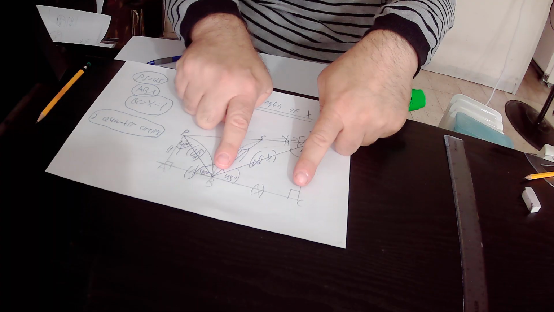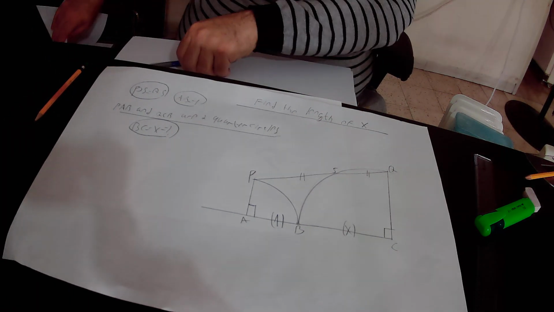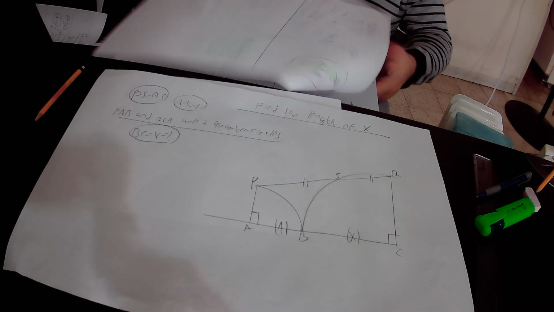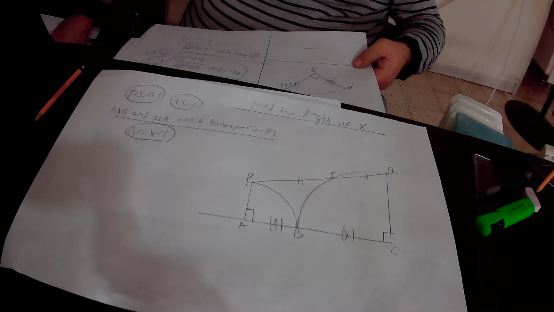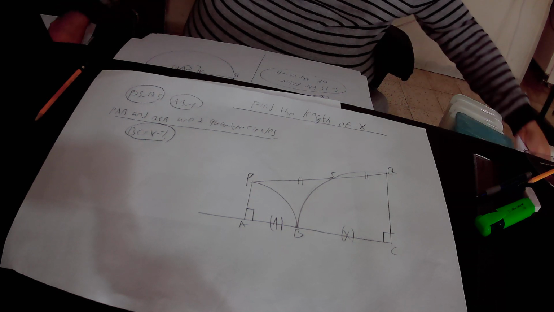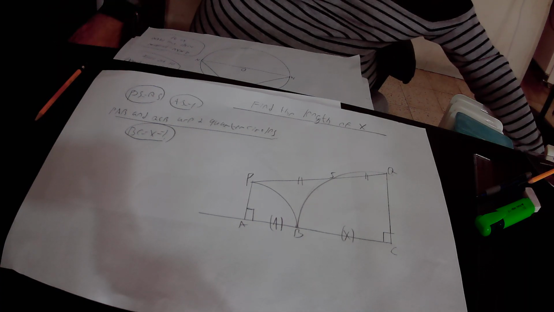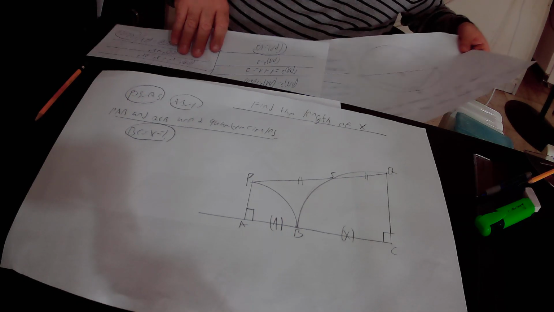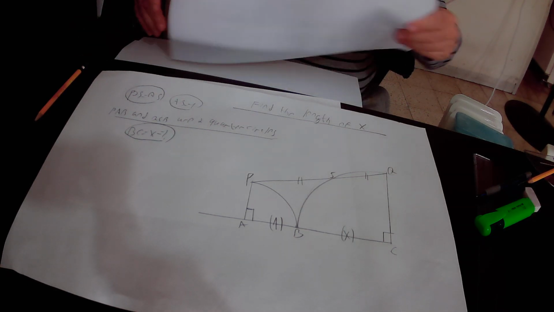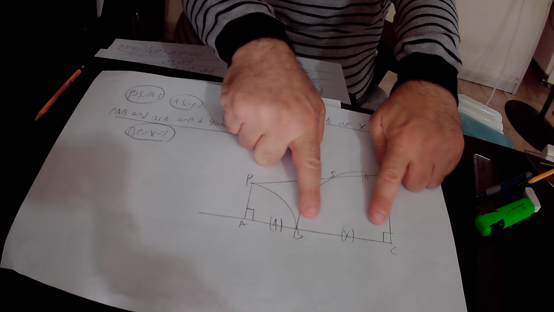Okay, so in the next step, I'll summarize the lecture. In this lecture, we found out the length of this line segment BC that is equal to x.